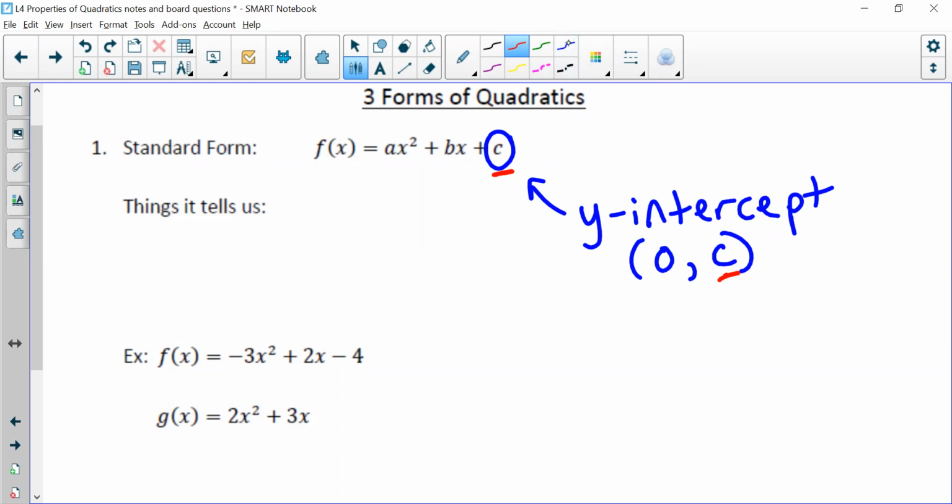There's something else, though, that this form tells us. The B doesn't mean anything to us, but does anybody remember what the A value of all three forms does to the quadratic function? If you don't, that's okay, but does anybody remember what the A value does? It's probably not right, but does it determine if it's positive or negative?